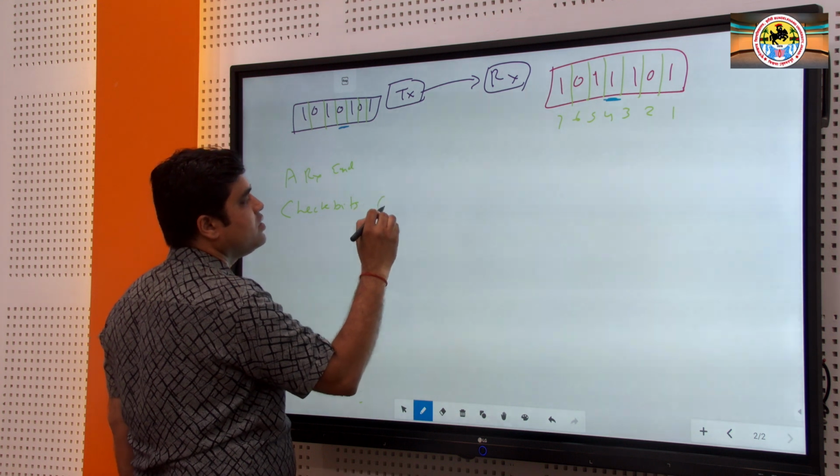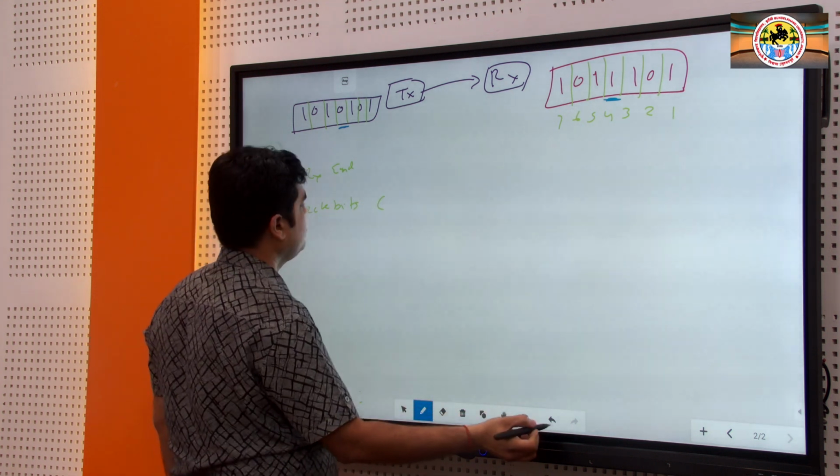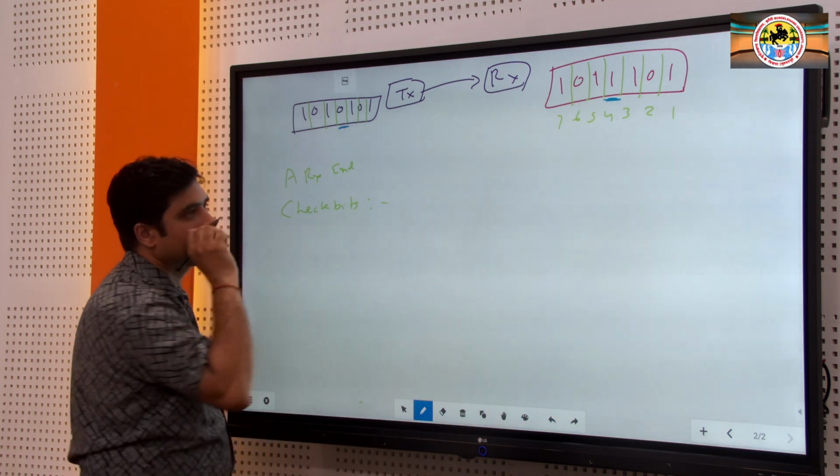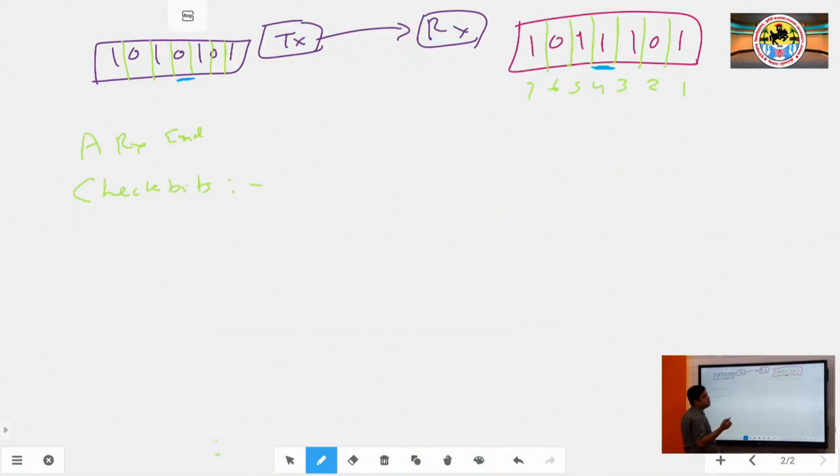The check bits are C1, C2, C3. The check bits we calculate are as follows. First, we take this group.